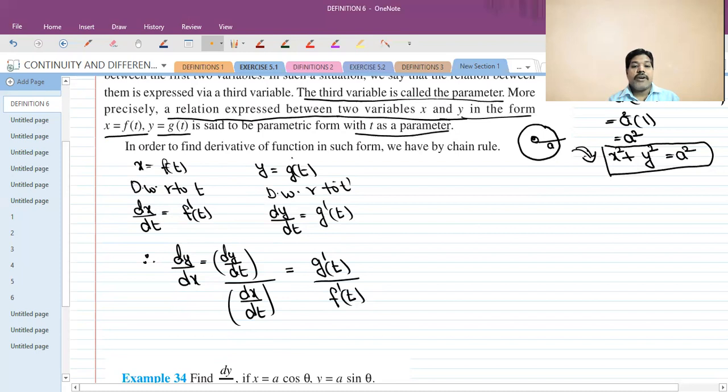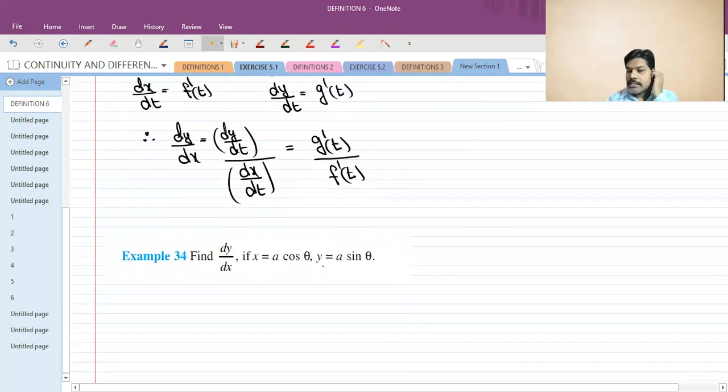So dy by dx value can be written as g dash of t by f dash of t. Okay, see some example, you can understand that easily.